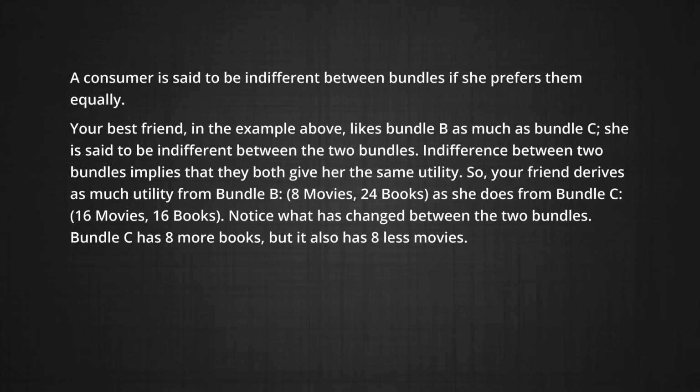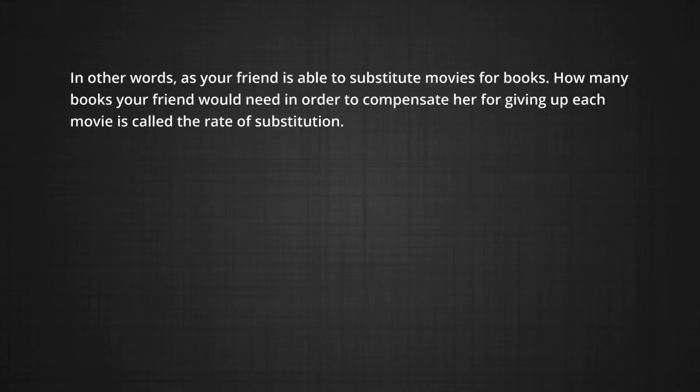Notice what has changed between the two bundles, B and C, is the number of books and movies that each has. Bundle C has 8 more movies, but it also has 8 fewer books. In other words, your friend is able to substitute movies for books.